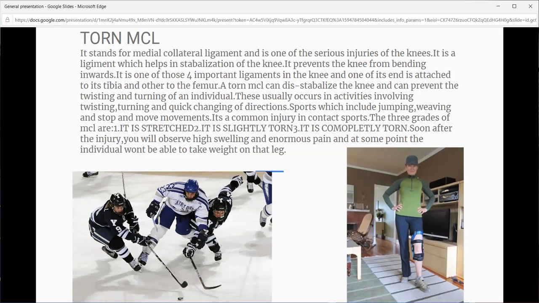So this is, you know, more serious than ACL. After you've got this MCL injury, you'll start having enormous pain and swelling, and it's not like the swelling will develop over hours. You'll start seeing the swelling immediately after the injury.